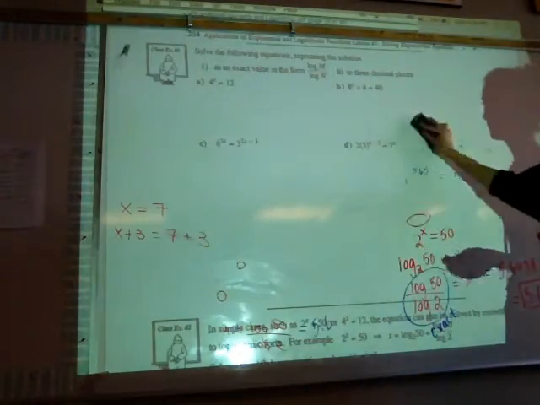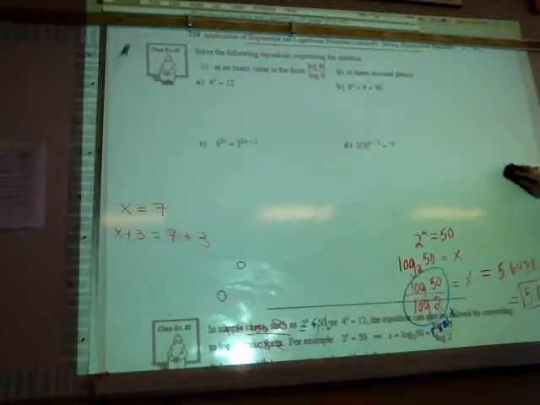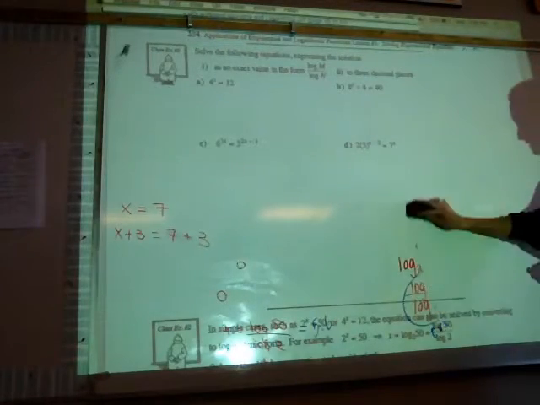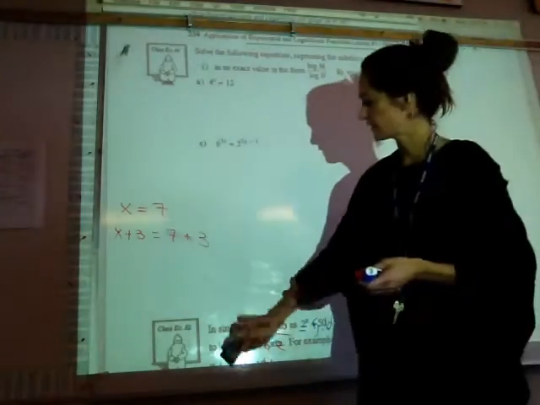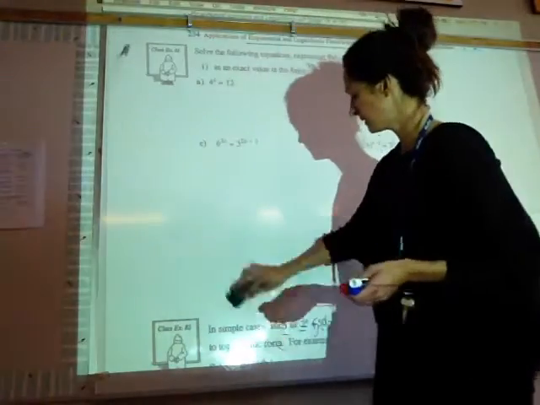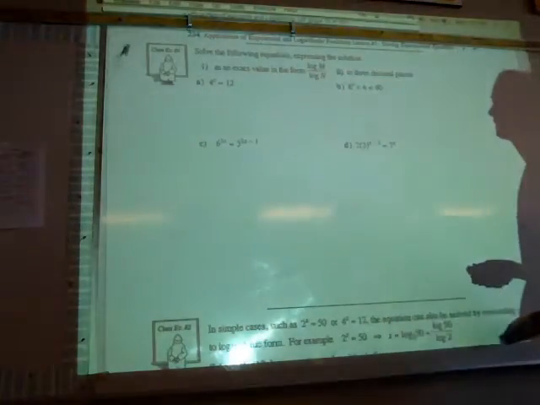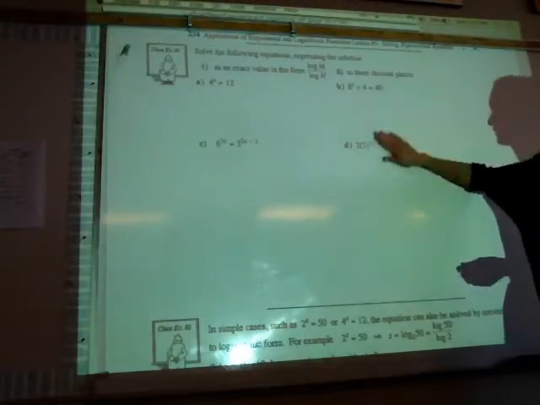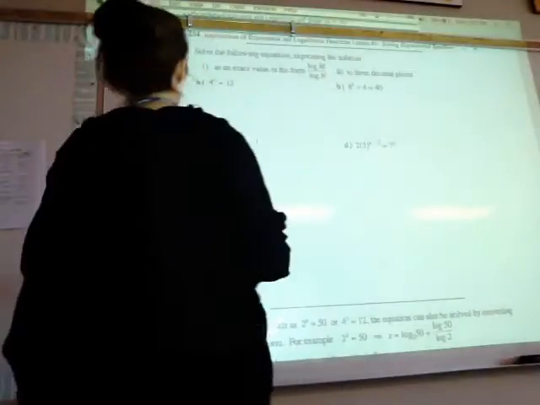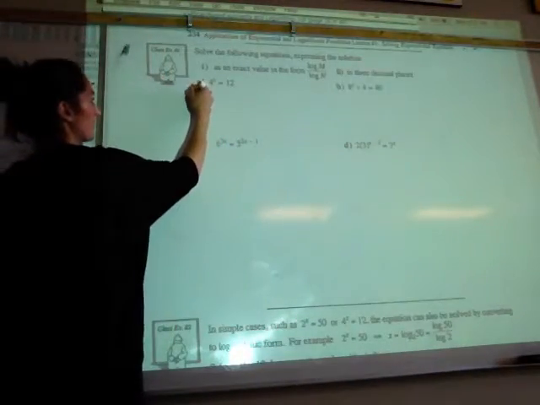Because it's new, why don't we practice that technique for this next question? We have 4 to the power of x equals 12. We need to figure out the exact value of x and the value of x to 3 decimal places. So what we're going to do is apply a logarithm on both sides.